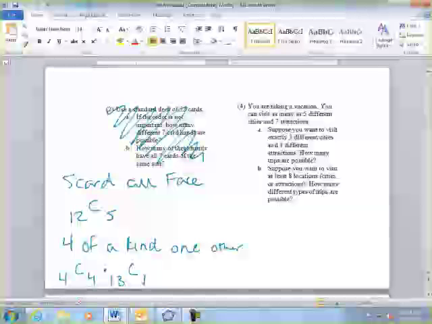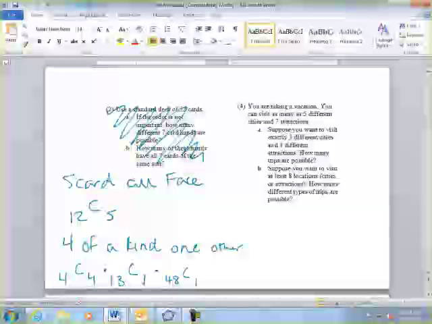Well, that covers the 4 cards, but now I need the one other. So once I've taken those 4 kings out of the deck, how many other cards are there? 48. There's 52 cards in a deck. So once I've taken out those 4 of whatevers, there's 48 left. And how many of those am I grabbing? 1, because it says and one other.